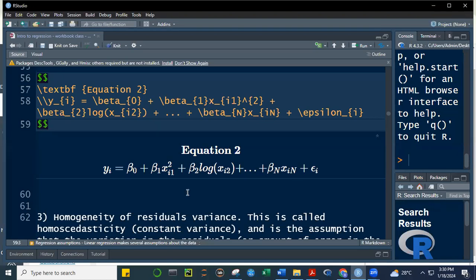That's not allowed. Beta, our parameter, should be linear only, as is: beta 1, beta 2, beta sub n. But you can establish a model, whether it's a linear model or not, class, where x is squared or x is logged. That's all I'm saying here. I'm not saying that this is also a linear model.